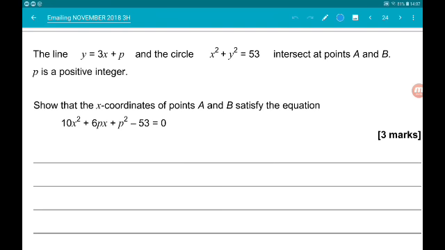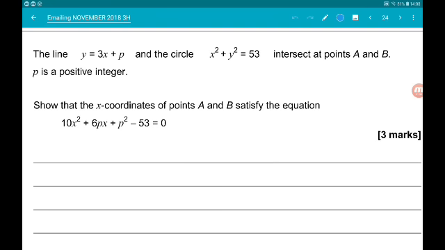We want to show that the x-coordinates of points A and B satisfy the equation 10x squared add 6px add p squared minus 53 is equal to 0.